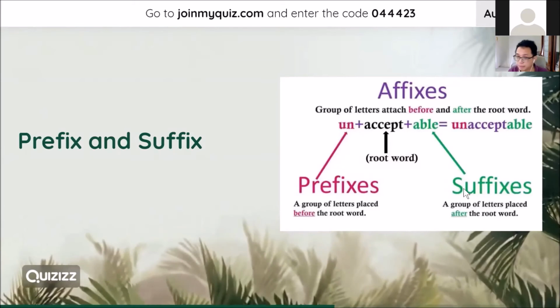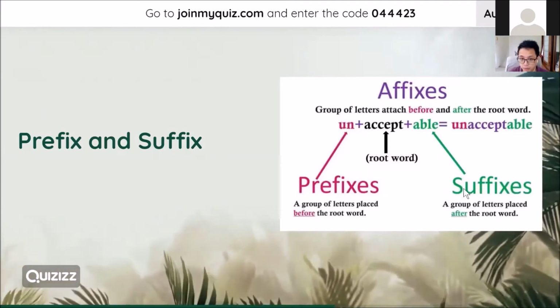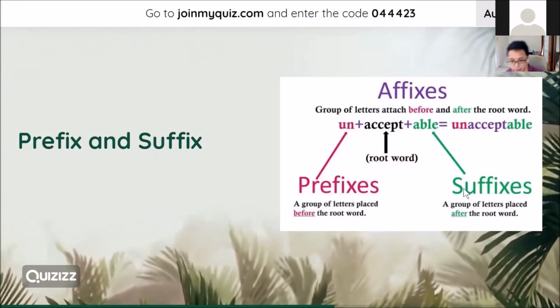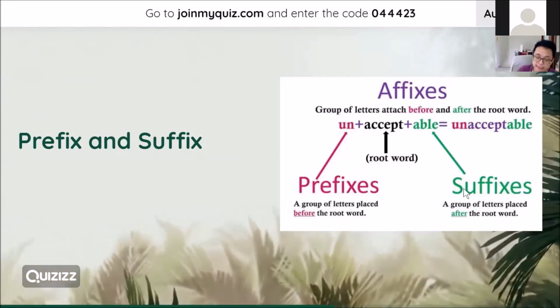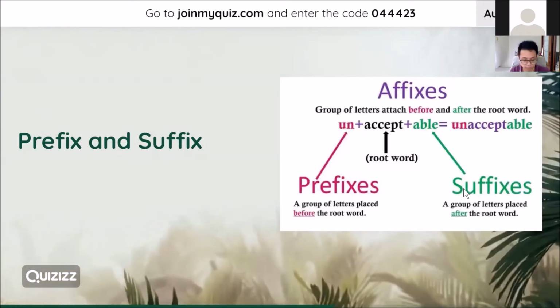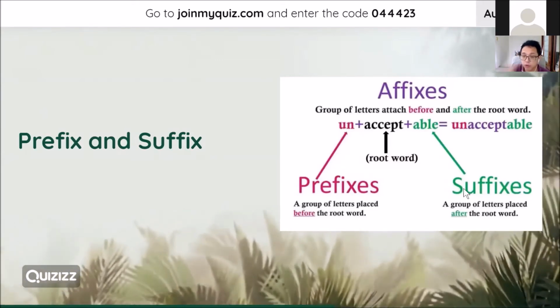Sometimes it depends on the word, but it helps you to answer the question more easily. It's easier to answer the question when you know whether it's noun, verb, adjective, or adverb.